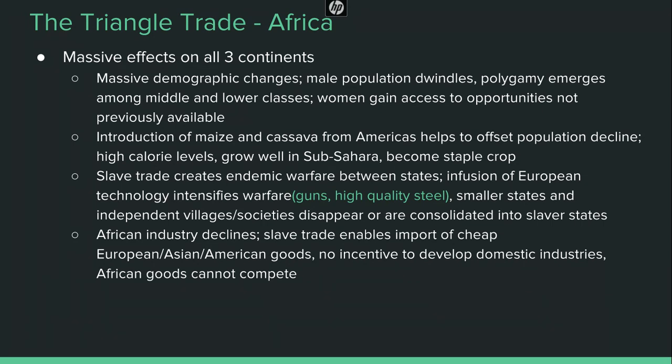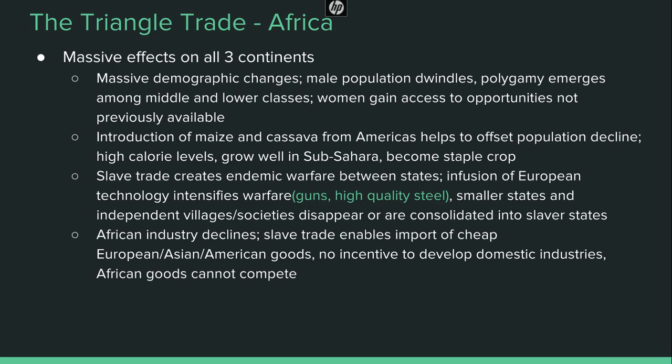And what you begin to see in Africa is that smaller states and smaller independent societies begin to disappear as they are enveloped or consolidated into the larger, wealthier slaver states in Africa.